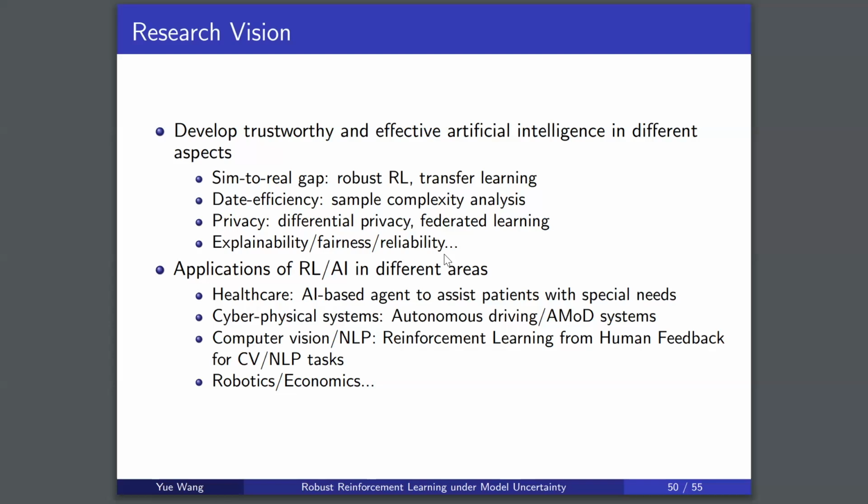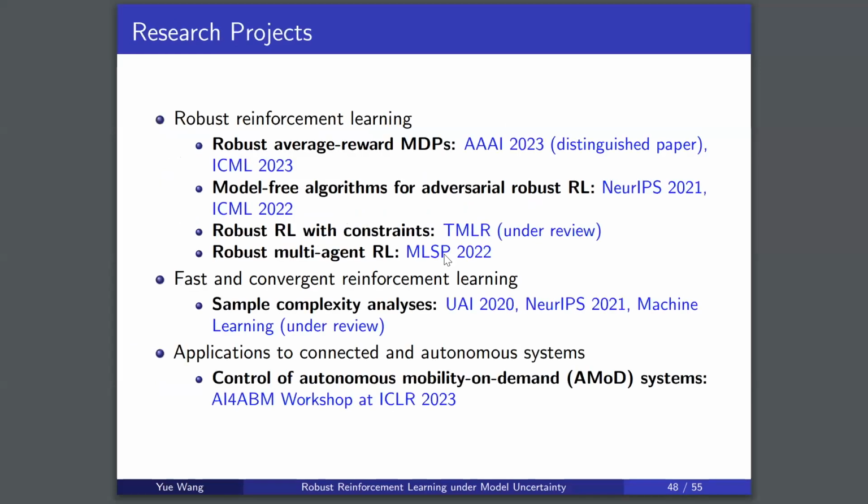So one of the aspects of explainability that you mentioned is the constraints. For example, you're able to satisfy constraints. So that gives an aspect of explainability, which you're saying you're doing. Yes, the TMLR paper, I guess. Yes. In this paper, we study robust reinforcement learning with safety constraints or constraints on the cost or resource.